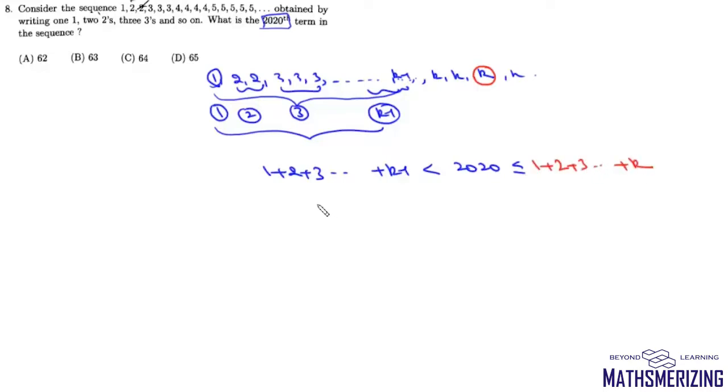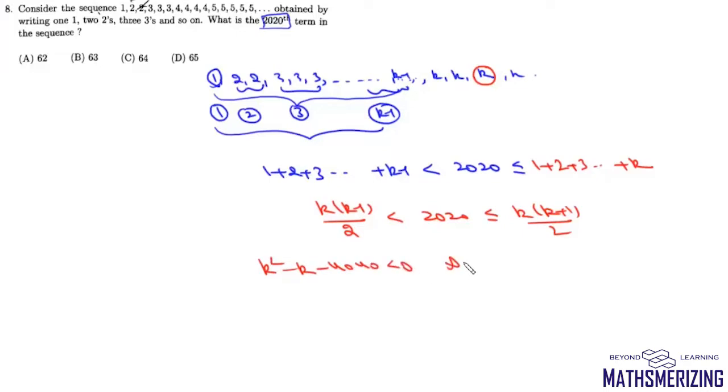So from here we can say k(k minus 1) by 2 is less than 2020 is less than or equal to k(k plus 1) by 2. So from the first one we'll get the result k square minus k minus 4040 should be less than 0, and k square plus k minus 4040 should be greater than or equal to 0.